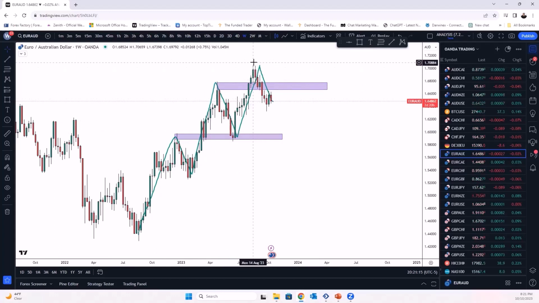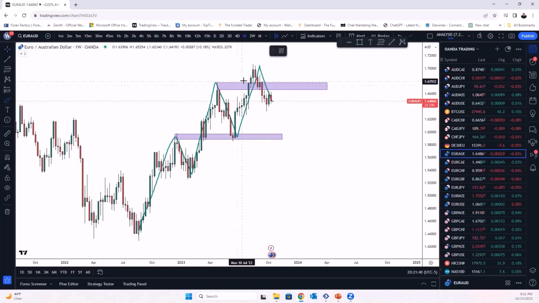So if I would have just said, "Oh, let me just take it right here and go to a high," no, let price do what it's going to do. It broke it, and when it broke it, what can happen now? Well, it can now use old support, now can become resistance.